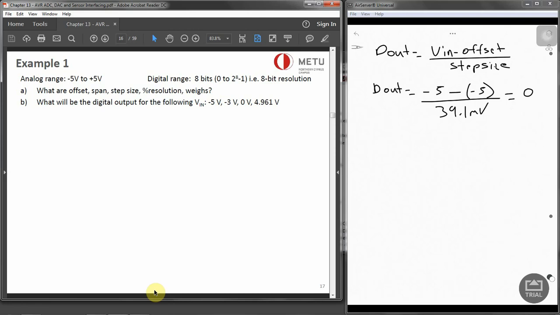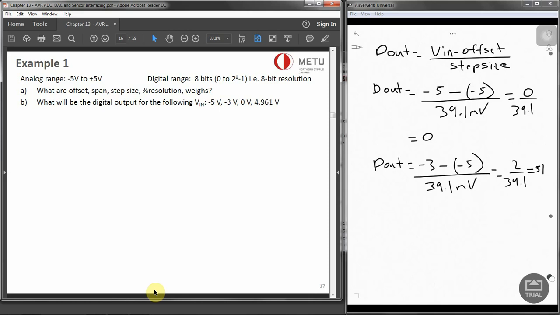So this is going to be 0 over 39.1, which will give us 0. Then we repeat for the other inputs: minus 3 minus 5, divided by 39.1 millivolts, which gives us 2 over 39.1 millivolts, which is equivalent to 51.